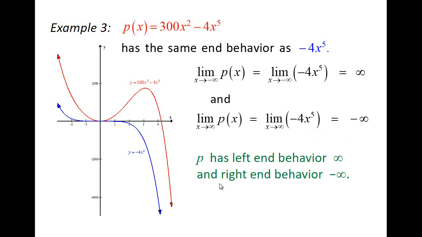So p has the left-hand behavior infinity and the right-hand behavior negative infinity. In the negative x direction, the function goes to infinity. In the positive x direction, the function goes to negative infinity.